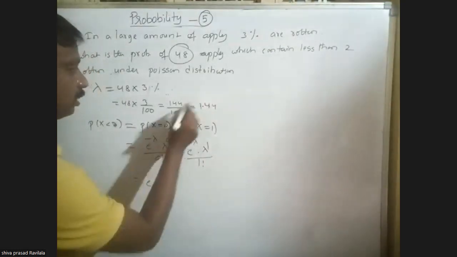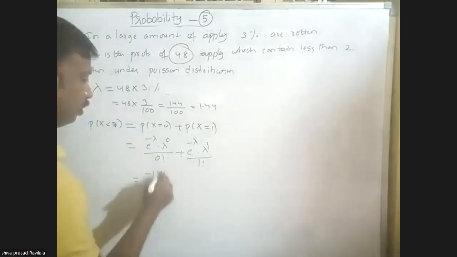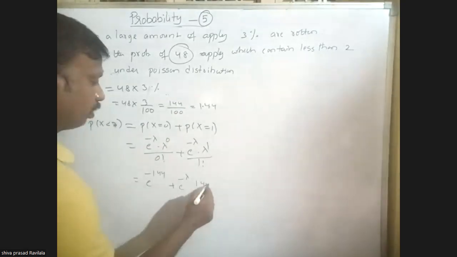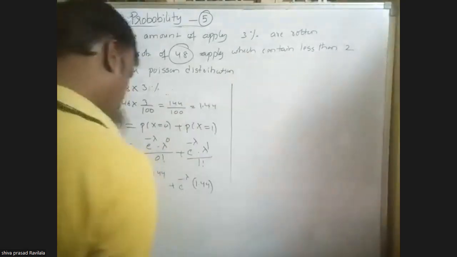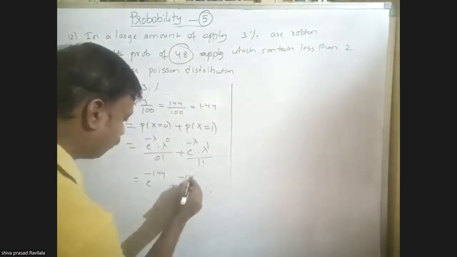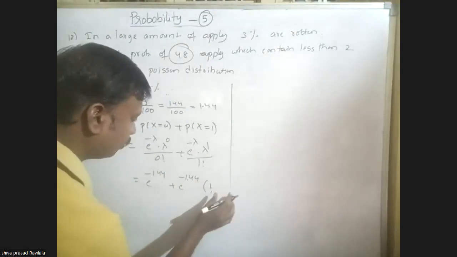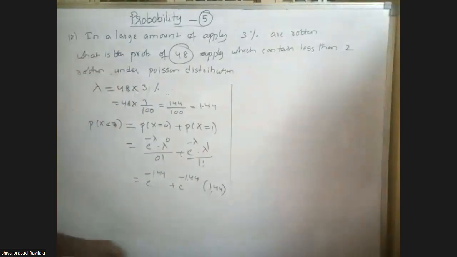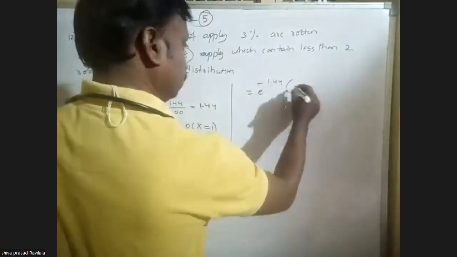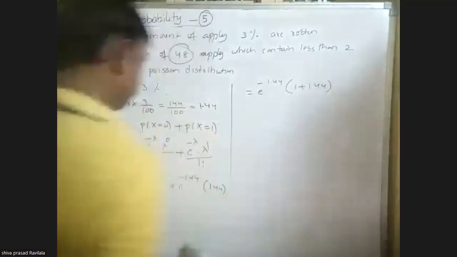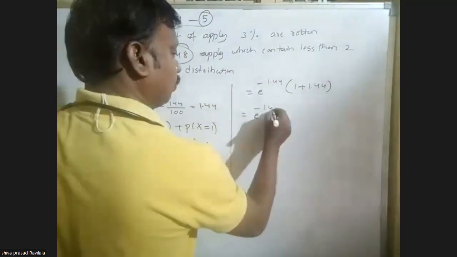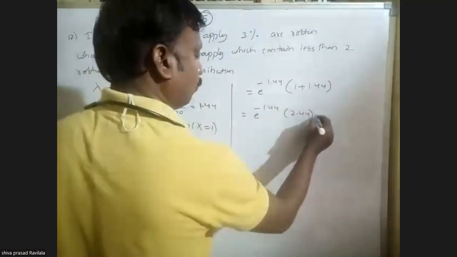Lambda value is 1.44, so it is e power minus 1.44 into 1 plus 1.44. Taking e power minus 1.44 common, that is e power minus 1.44 into 2.44, and that is your answer.